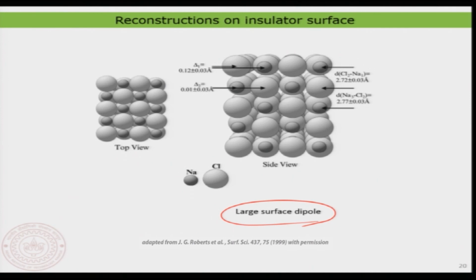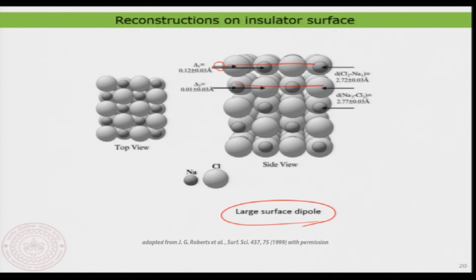Now the thing I want to point out here: you take for example sodium chloride, and if you look at the side view and the top view, you see the top layer and the second layer, there is a very tiny bit of change or relaxation of the top layer towards the surface. That means even for a surface that has a large dipole, you still find relaxation of the top layer.